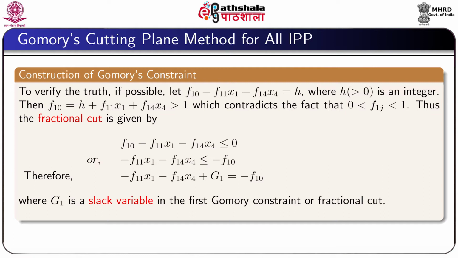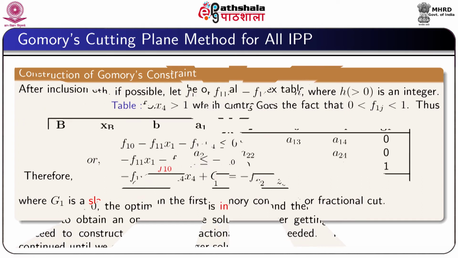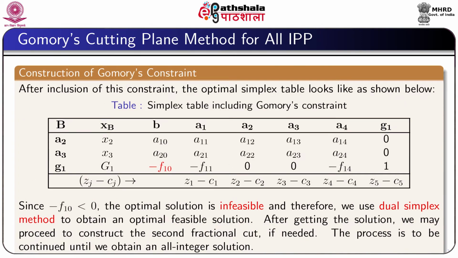Thus, an additional constraint is to be included in the given LPP in order to move further towards obtaining an optimal integer solution. After inclusion of this constraint, the optimal simplex table looks like as shown in this slide.